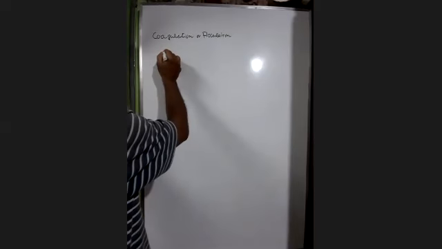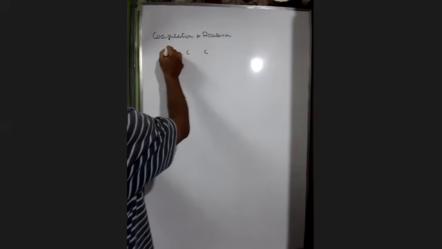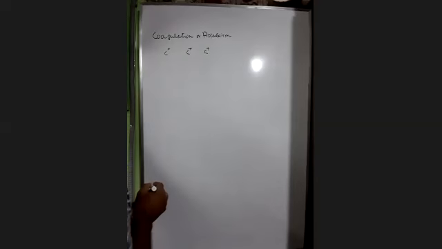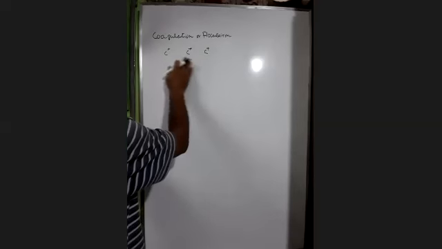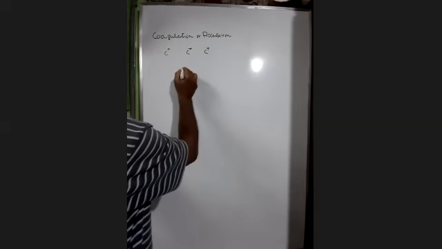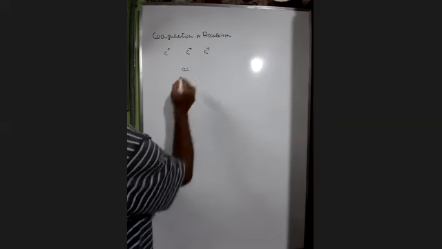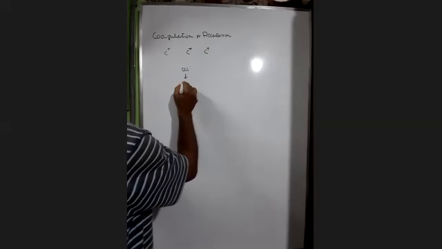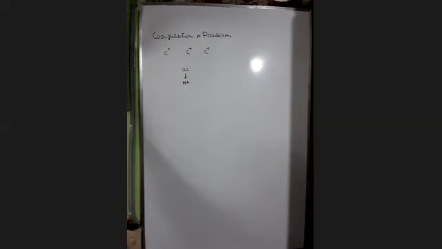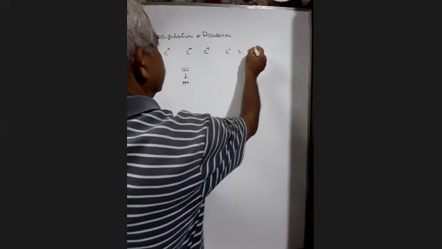Now, I told you how the colloid particles remain away from each other because of the repulsion between them. If you want them to precipitate, then all of them should come together. Then they become heavy and they precipitate. It may happen that they are all negatively charged.